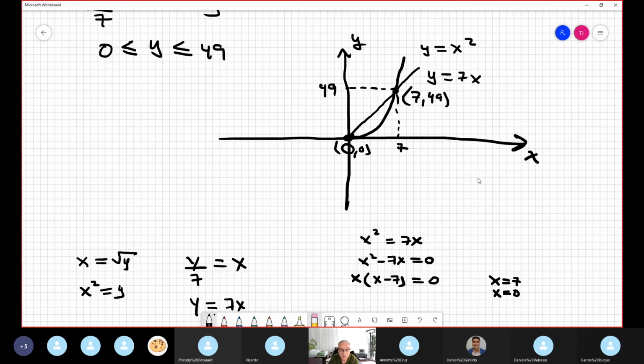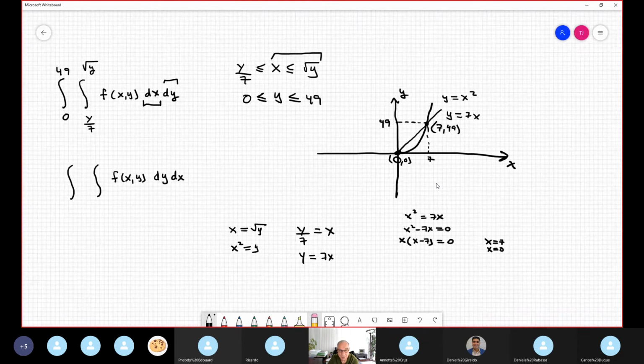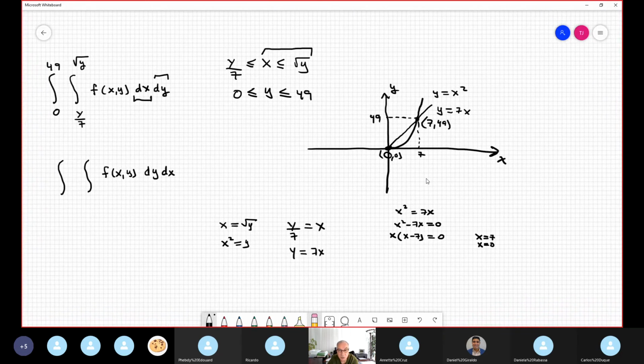So the student, or the people who set up this integral, I suppose he or she is doing it in that order, because they integrate horizontally with respect to x. So assume this is the x lower, which is y/7, and this is the x upper, which is square root y. But they want you to change.